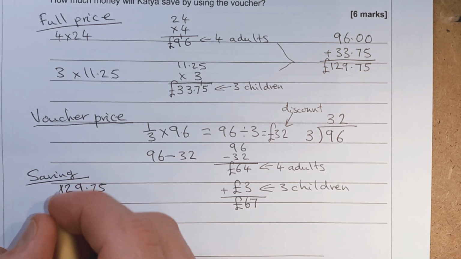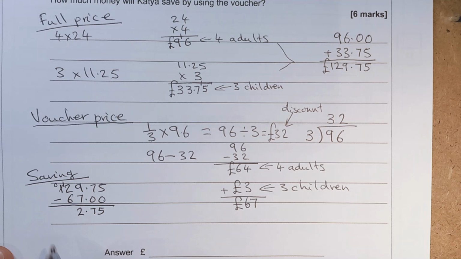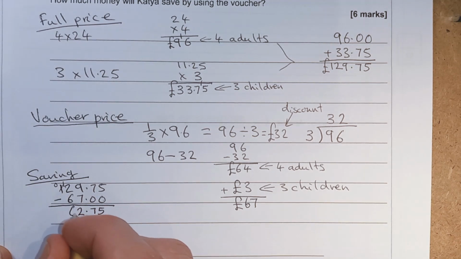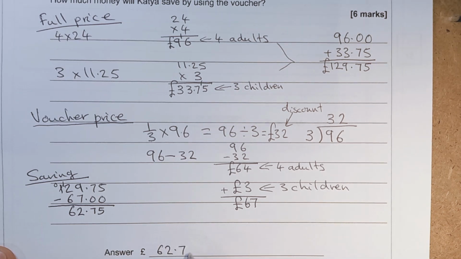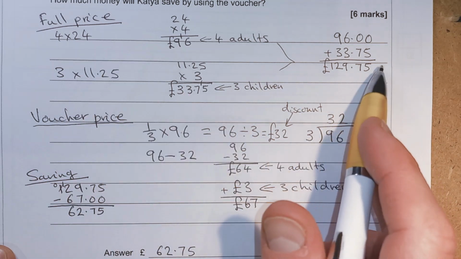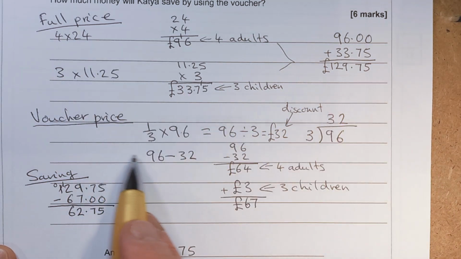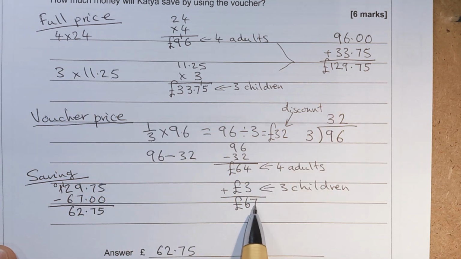Well, we can take the 1, reduce it to 1 and bring the 1 over. It's the same as just saying 12 minus 6, which gives us 6. So the answer that we want to put down here is £62.75. So we worked out the total price without any reduction, the price with the reduction, and then we found the difference.